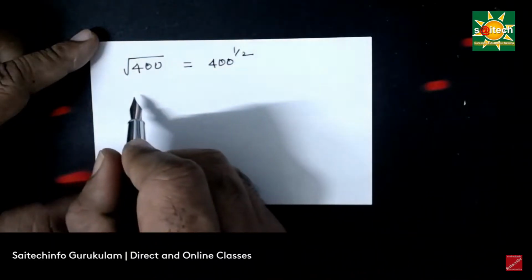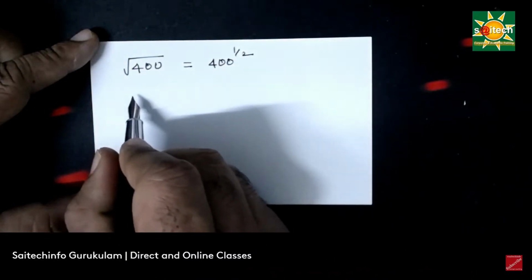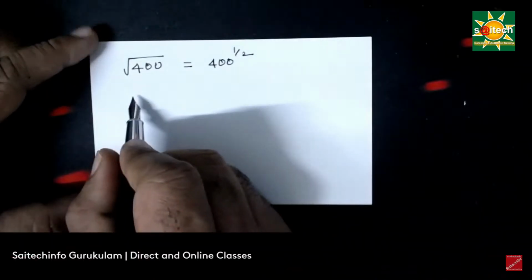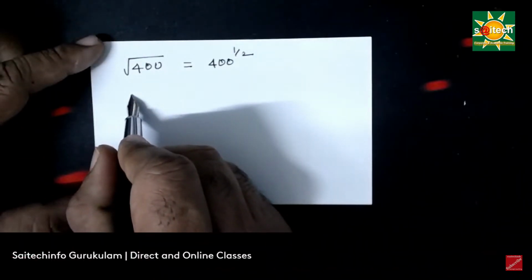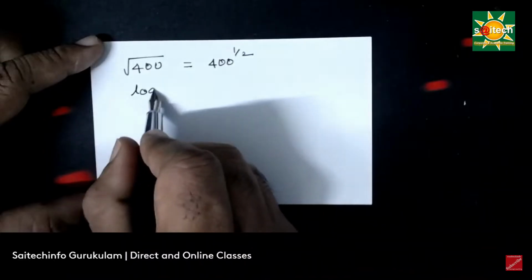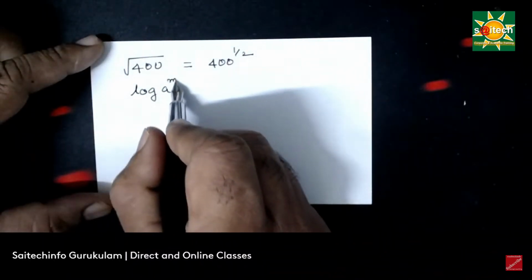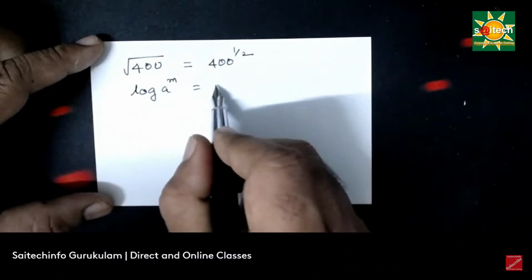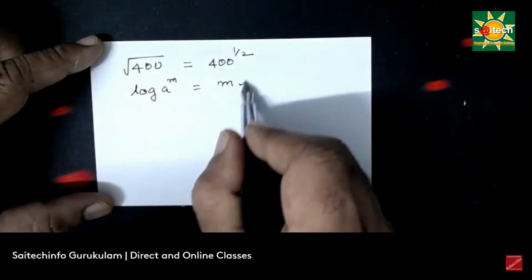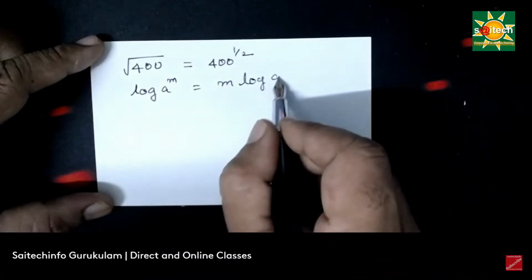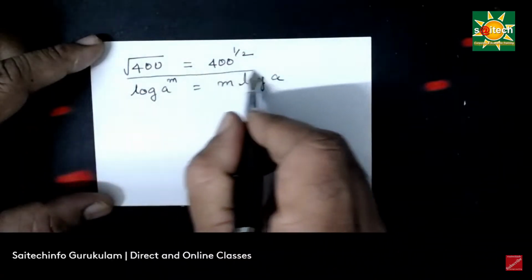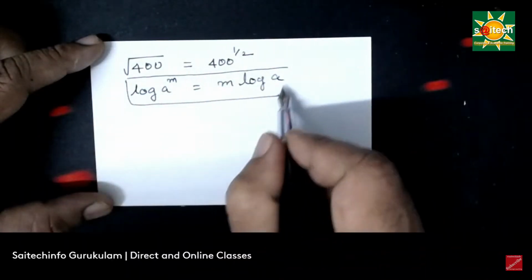We know the formula, that is power rule in logarithm. That is, log of a power m is equal to m into log a. So this is known as the power rule.